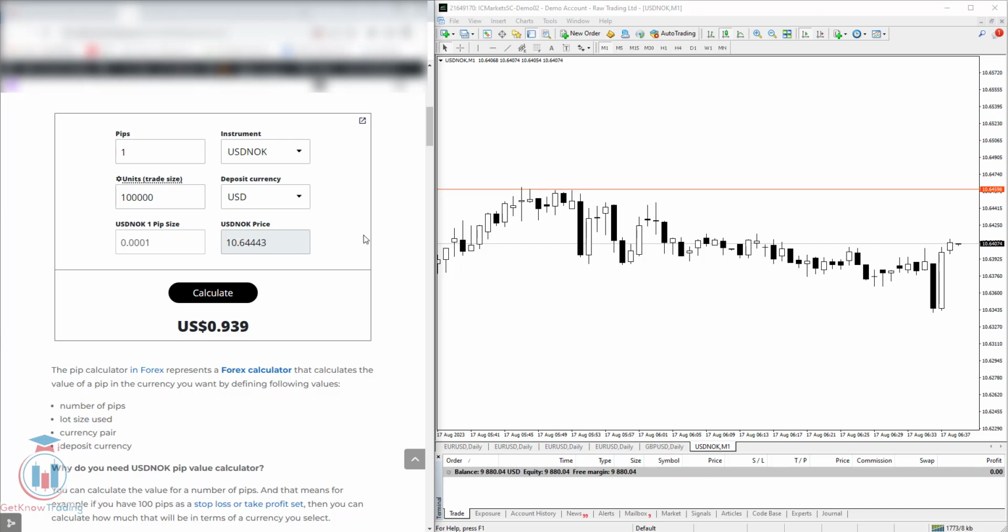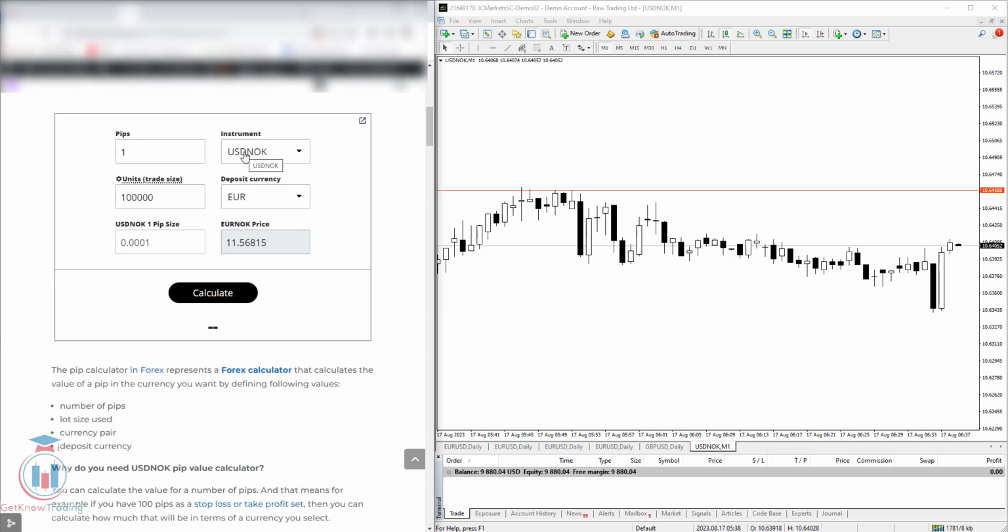If you change this one here to any other, for example to the euro, you will need an additional price, an additional instrument to make the calculation. Because if you have euro as a deposit currency on your trading platform, you need to have an additional price to make the calculation for this instrument.